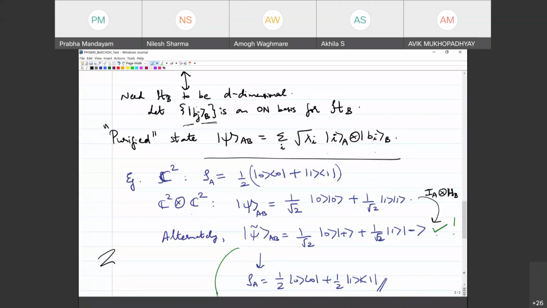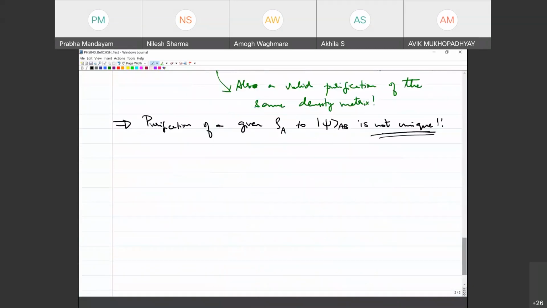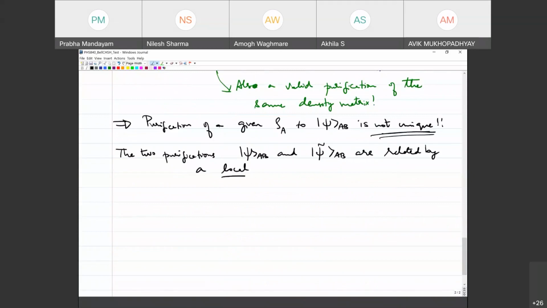So the two purifications psi AB and psi tilde AB are related by what is called a local quantum gate or a local unitary.